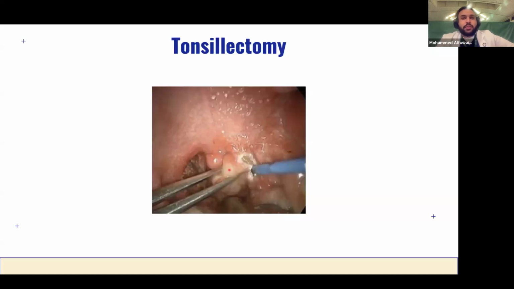So tonsillectomy, if you remember from children, these tonsils can get very big in children. So if you think about it, would it obstruct their airway? Could it, if they get very large? Yes. So if it starts to obstruct their airway so much, could it wake them up at night to catch their breath?